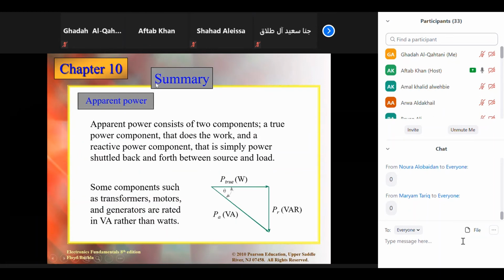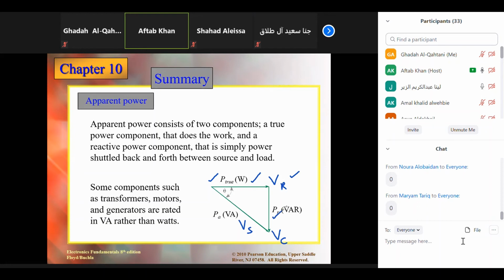Apparent power, I already told you. We can draw the phasor triangle for that. P true will always be in the direction of VR. This is always VR, this is VC, and this is VS. VR is the resistive voltage, so resistive power, which is true power. VC is the capacitive voltage, so we have reactive power there.